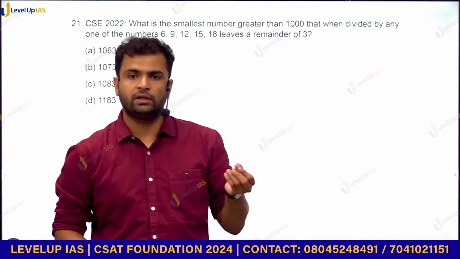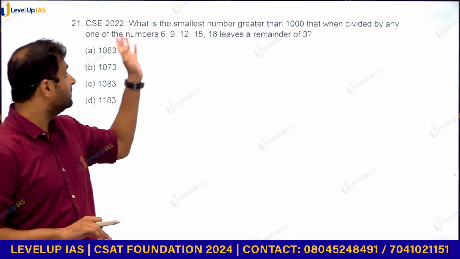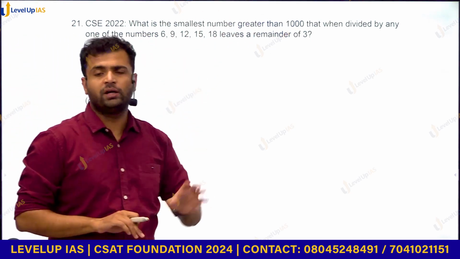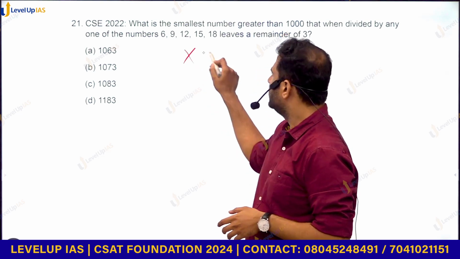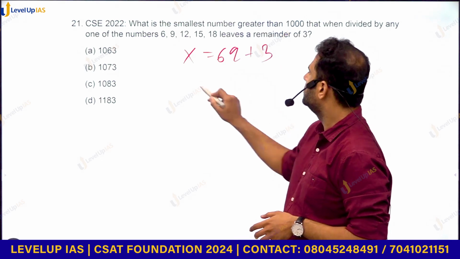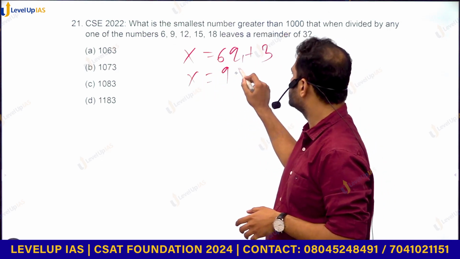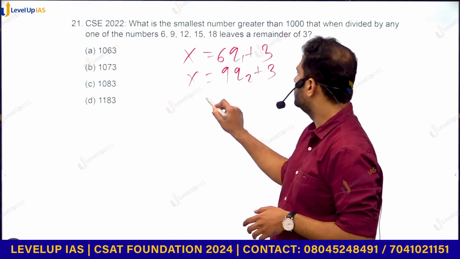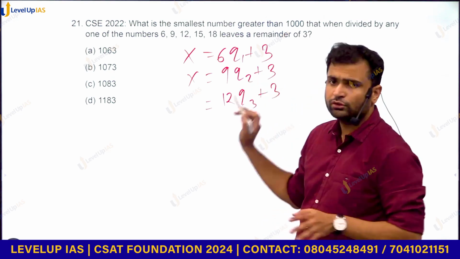Basically, there is a particular number and we try to divide that number by these numbers, and always we have a remainder of 3. So this particular number, whenever we try to divide it by, let us say, 6q plus 3, x is equal to 9 q1, let us say this is q2 plus 3, is equal to 12 q3 plus 3, and so on.